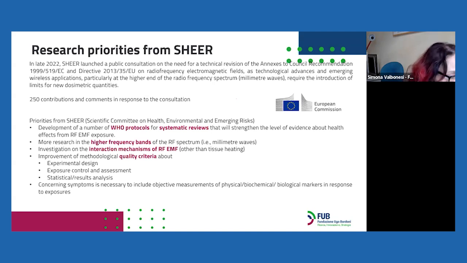It's necessary to investigate the interaction mechanisms of radio frequency electromagnetic fields and to study effects different from the thermal ones. And then it's necessary, according to SCHEER, to improve methodological quality criteria about experimental design, exposure control and assessment, in particular dosimetry, and statistical analysis of results.